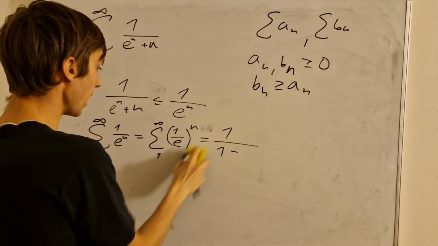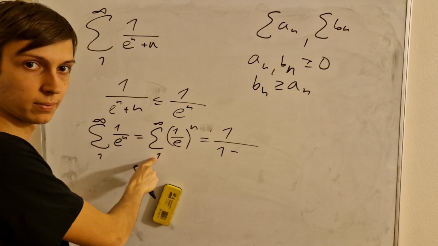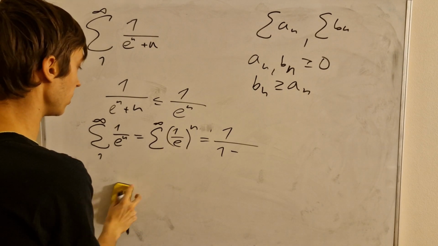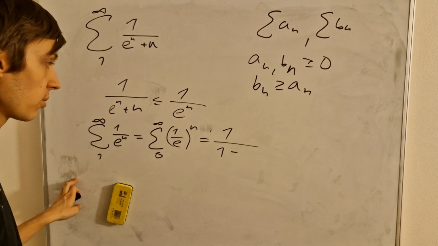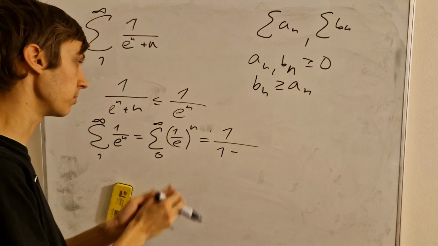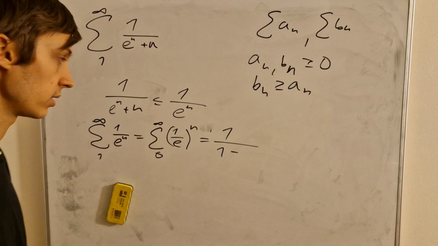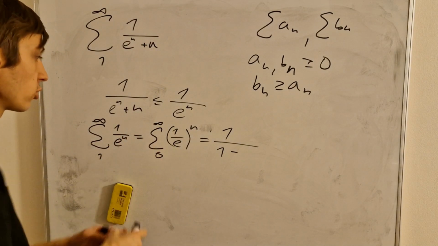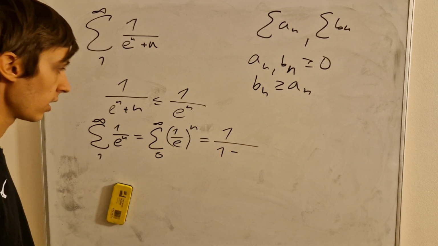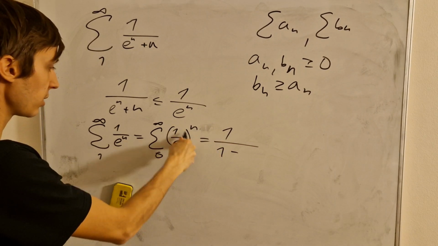If there is n here, there must be 0 here. So what we can do is start from 0, but then we have to subtract the 0 term. That's just a side note, and it's not a main thing concerning this comparison test. So let's do it from 0, because the rule is to have a direct explicit formula for the value of the geometric series. Yes, we can use directly this number.